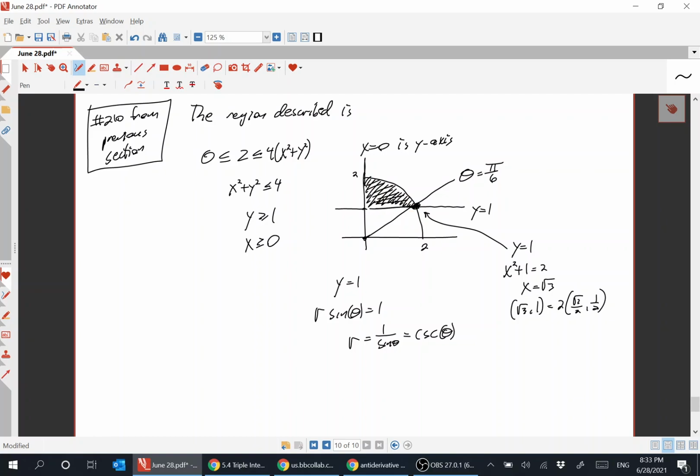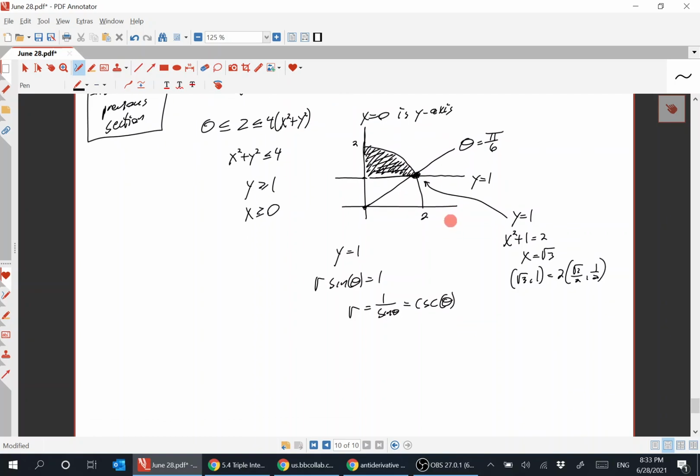So the region being described is as follows. We have pi over 6 less than or equal to theta less than or equal to pi over 2. And then cosecant theta is less than or equal to r is less than or equal to 2.